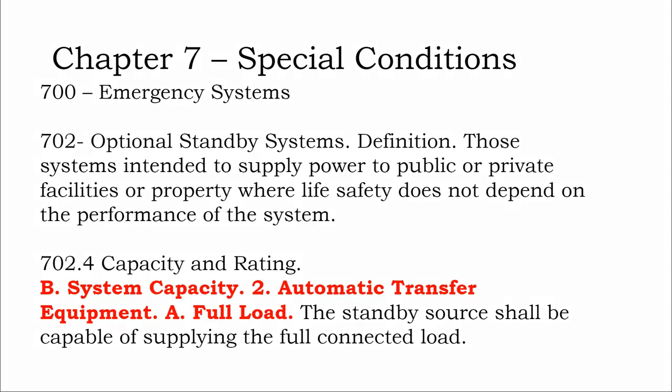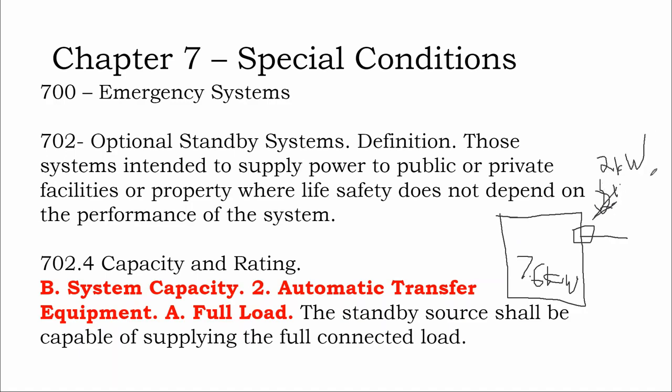This is the real reason why a standard battery inverter, like the SolarEdge battery inverter, is a 7.6 kilowatt battery inverter, but then has a critical load side of it that's only like 5 kilowatts or maybe 2 kilowatts. It depends.